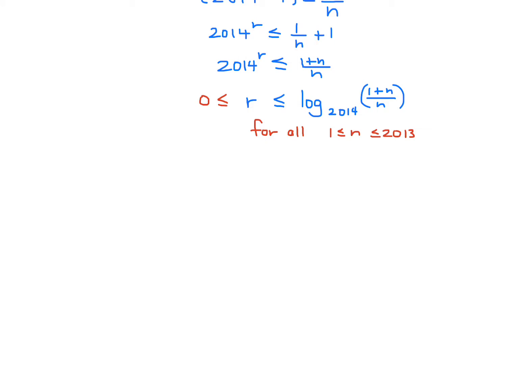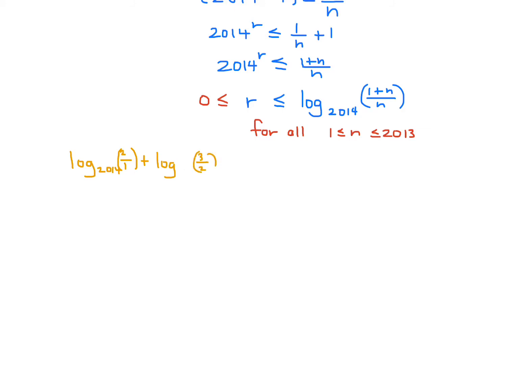Let's just put the first few. For n equals 1, it would be log base 2014 of 2 over 1. And then for n equals 2, it would be log base 2014 of 3 over 2.